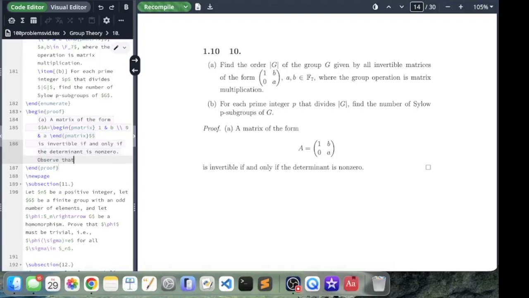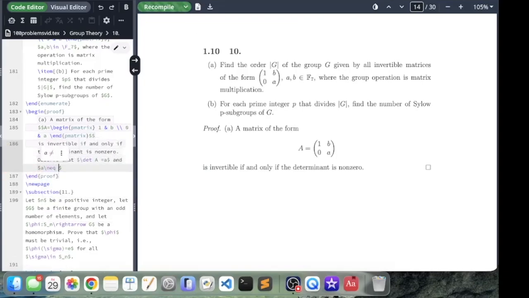So observe that the determinant of A is equal to A, and A is non-zero. A is in F7, so there are 7 possibilities, but it can't be 0, so there are 6 possibilities.